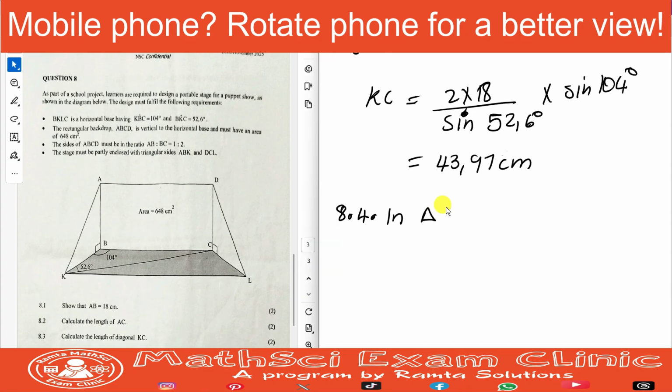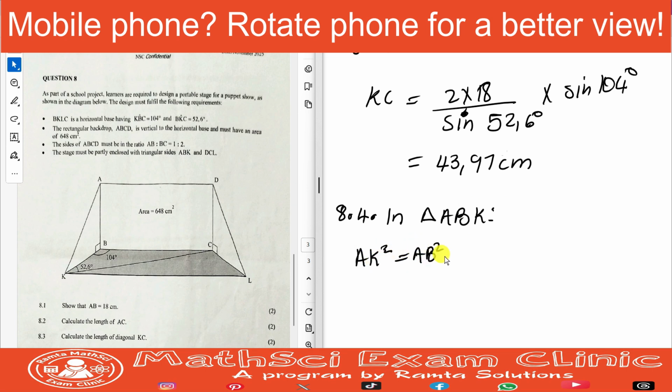In triangle ABK, AK seems to be the hypotenuse. So AK squared equals AB squared plus BK squared, and they said to us AB equals BK.